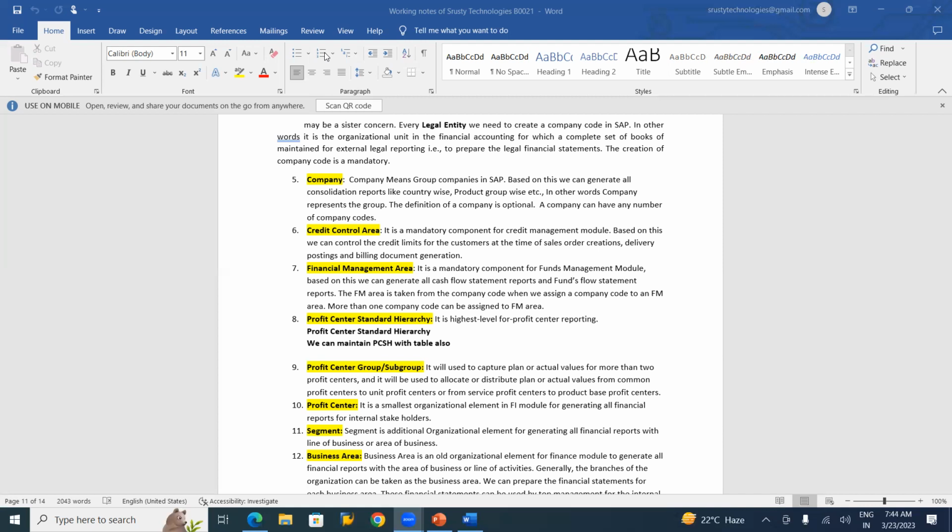The FM area is taken from the company code when we assign the company code to the FM area.